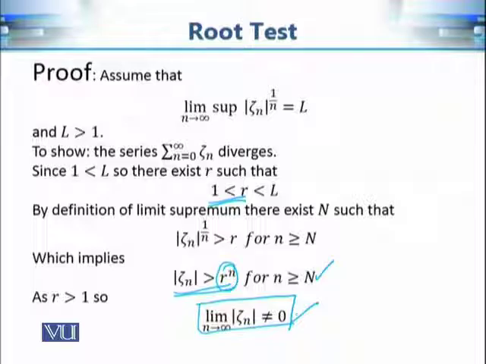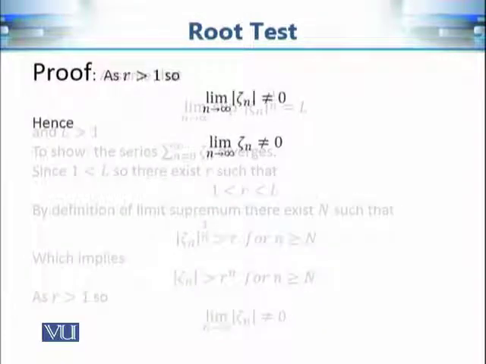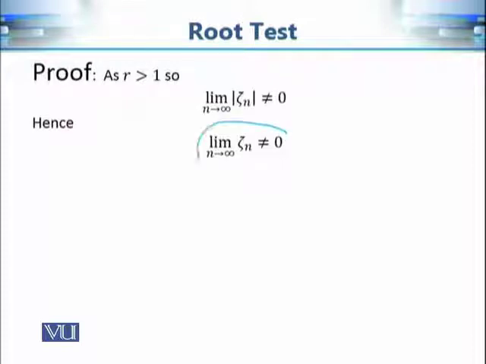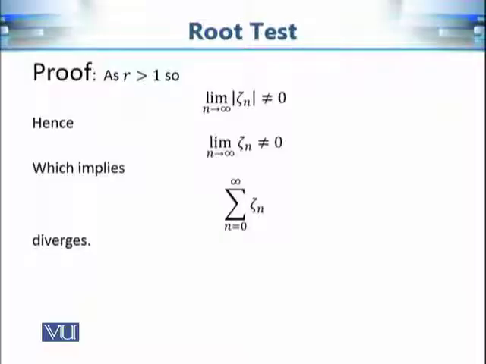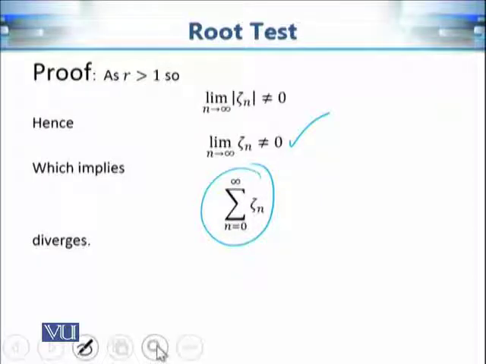That's why it cannot converge to the origin. And this implies that the limit of zeta n cannot be equal to 0, and this implies, according to the necessary condition, that if the series of complex numbers converges, then the limit of the terms should be equal to 0. Since in this case the limit is not equal to 0, very easily this series diverges.